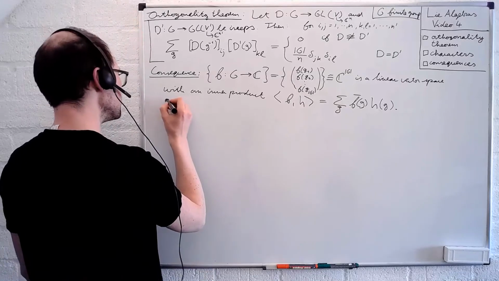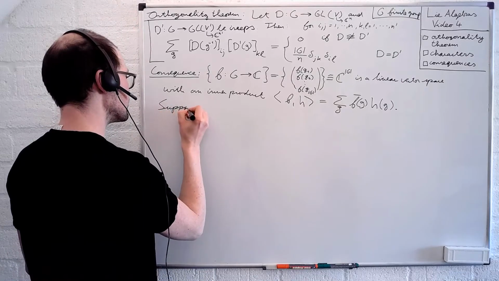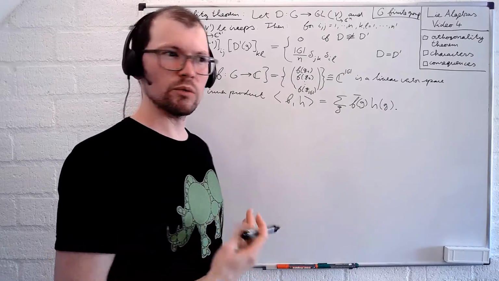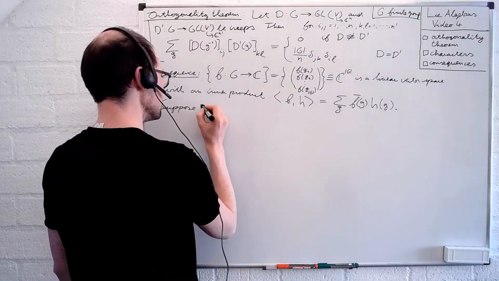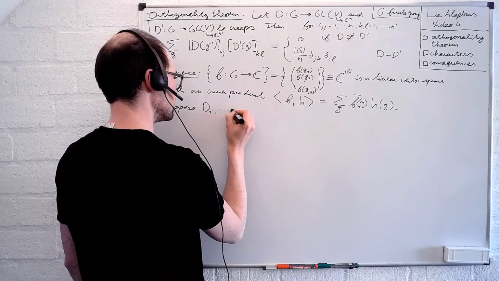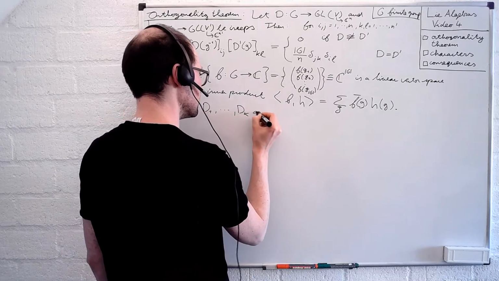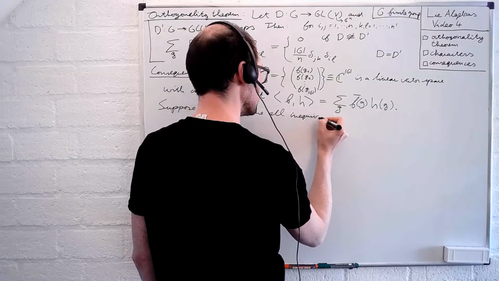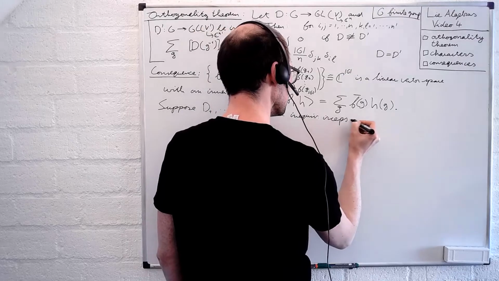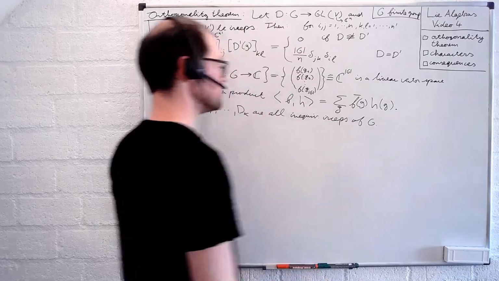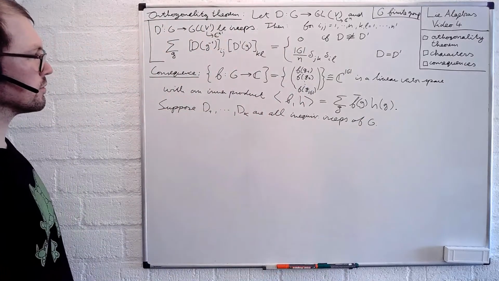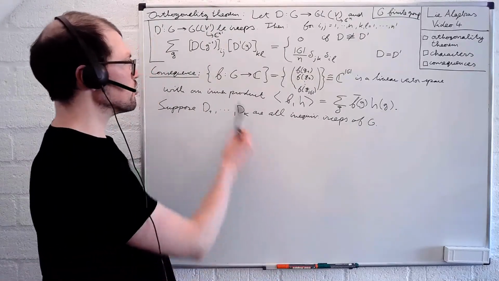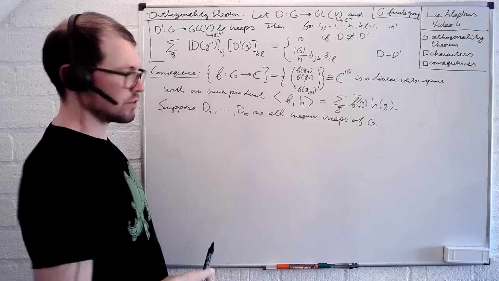So suppose I can really list all irreducible representations, so all inequivalent irreducible representations. So suppose D1 up to Dk are all inequivalent irreps of G. Then naturally, out of these irreducible representations, I can build some functions that live in this vector space.